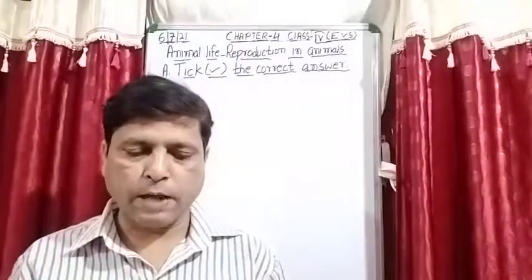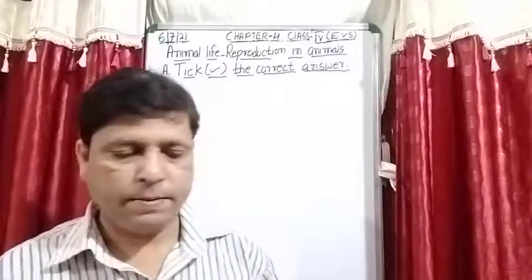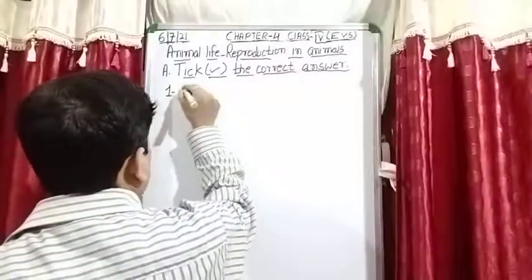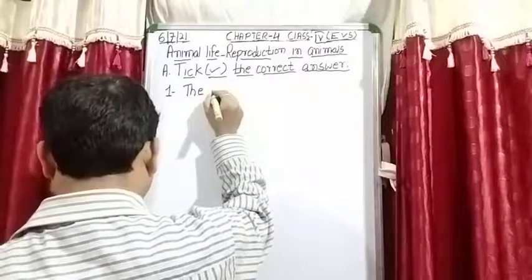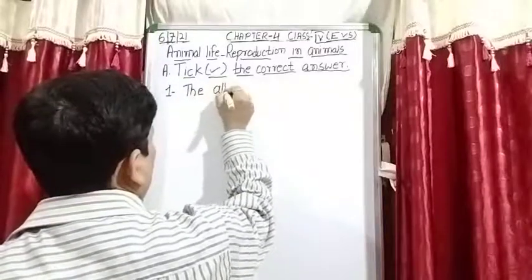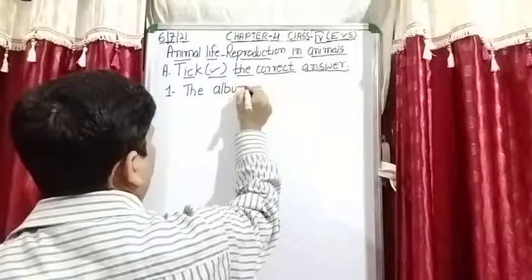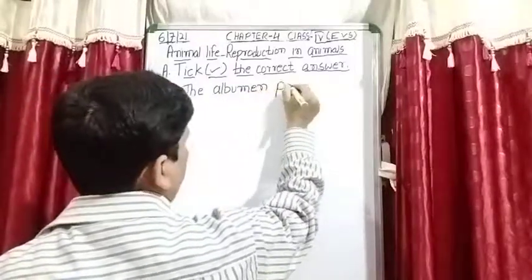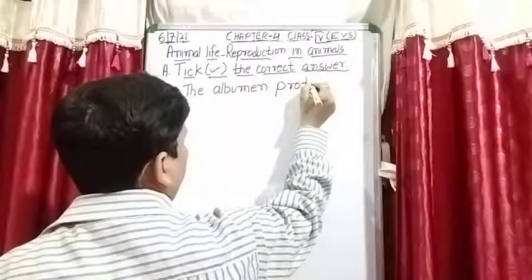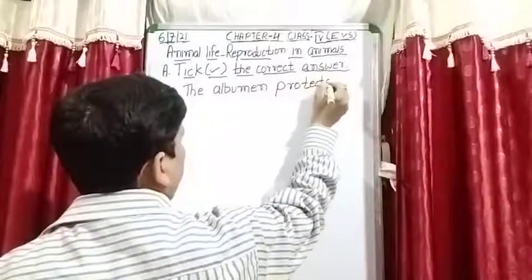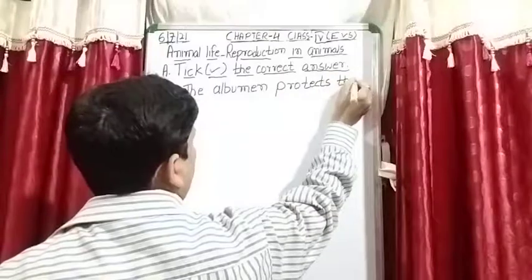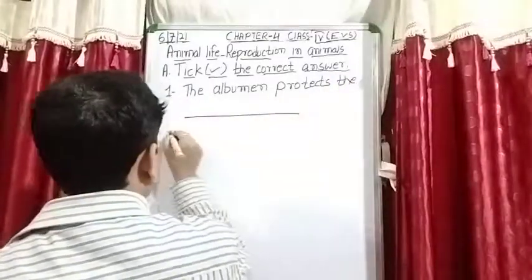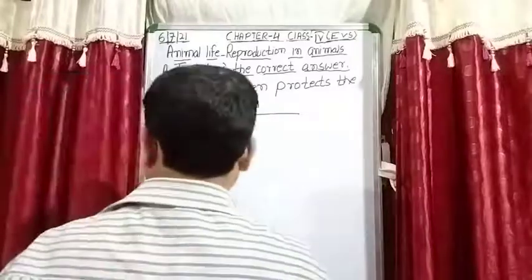Now the first question is: the albumin protects the dash. A, shell.